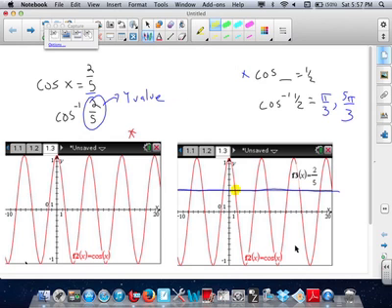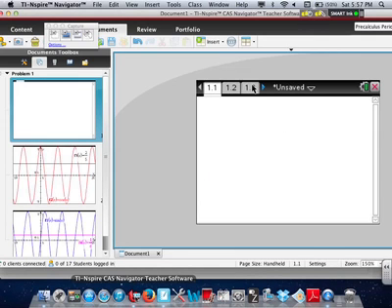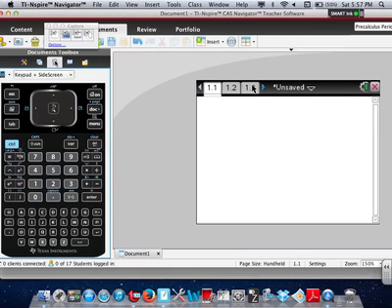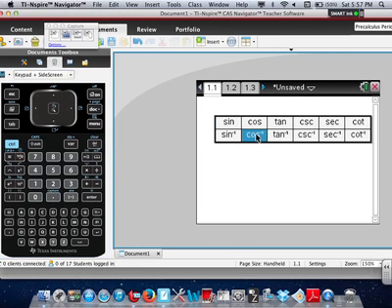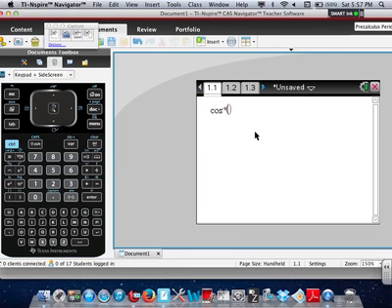Now, I don't want to do that on the graph. If I take the time to graph this every time, that's going to take a really long time. So what I'll do is go to my calculator and do the inverse cosine of 2/5.